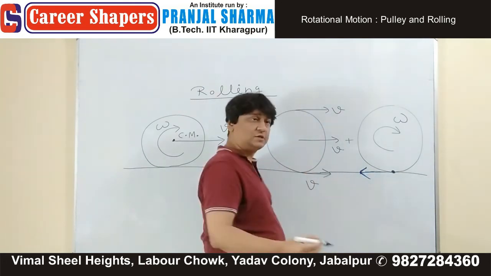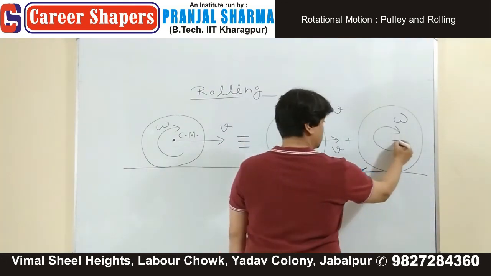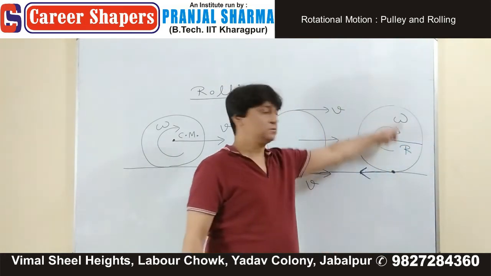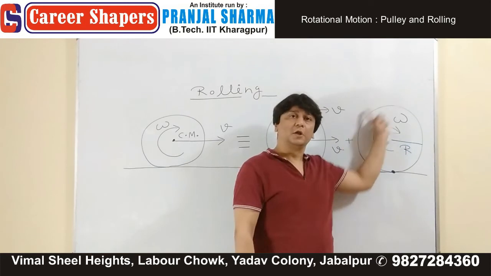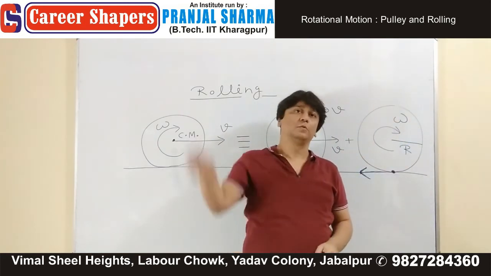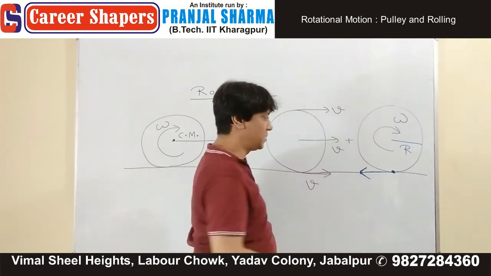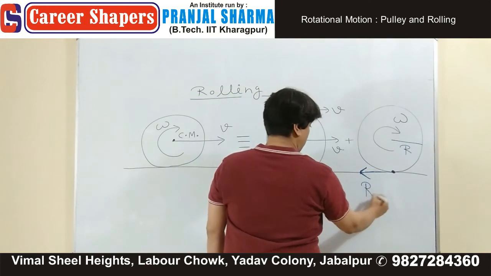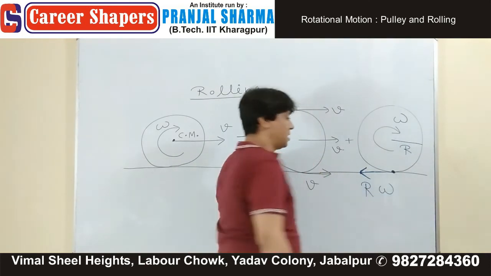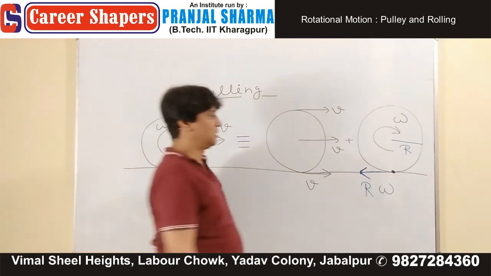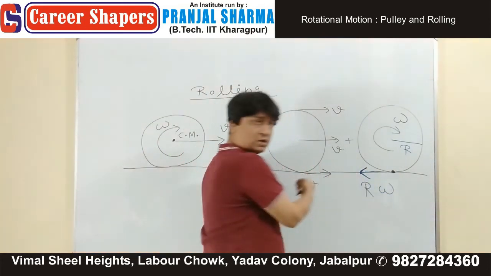And what is this? What is the radius? R. And what is this? Pure rotation. In pure rotation, what is the tangential speed? R omega. So this is your R omega. Backwards.